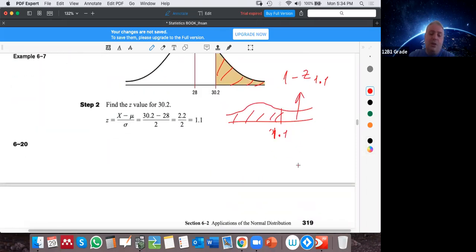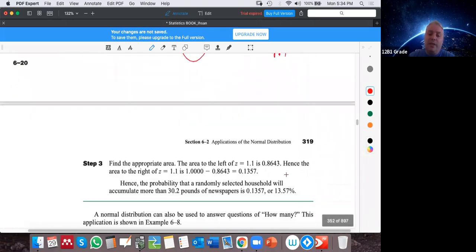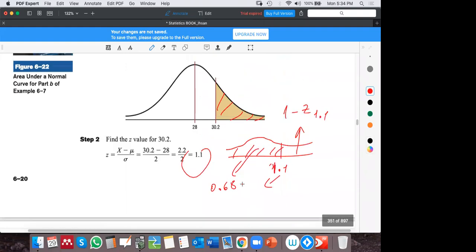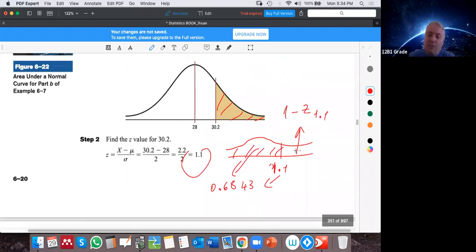So 1.1 z-score is, no, 1.1 is 0.6843. So this area is 0.6843. So what will be this area? It will be 1 minus 0.6843. That's it. That's the answer of the question.